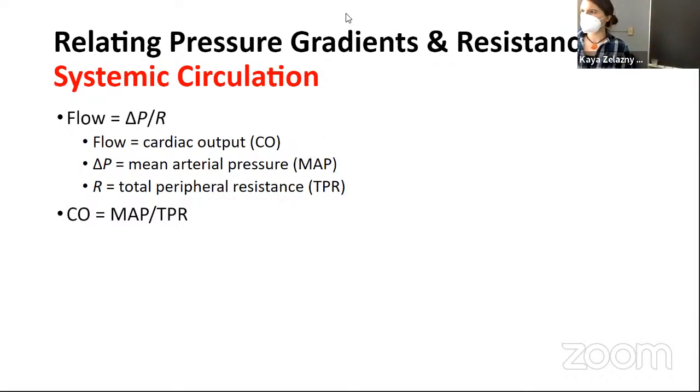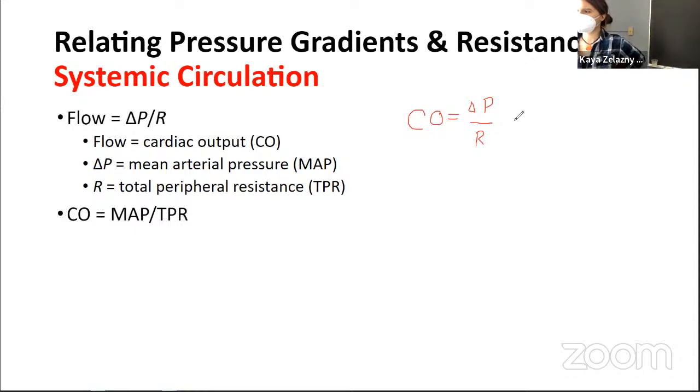So if we reshape this equation, flow equals difference in pressure divided by resistance. Our flow is the cardiac output. And we're one by one subbing these variables in. So we replaced our delta P with MAP, that mean arterial pressure.